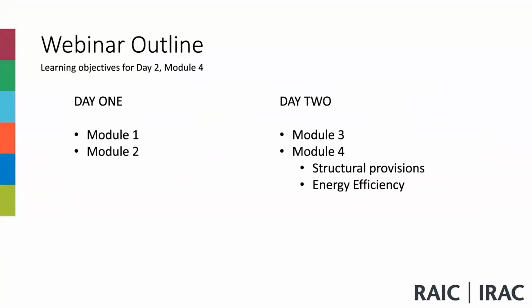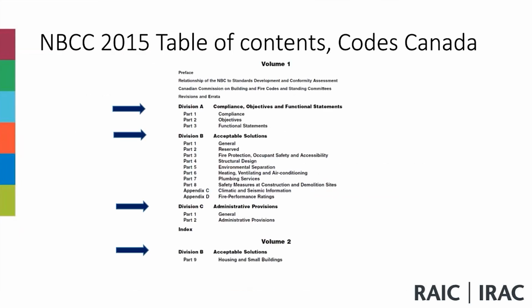So in Module 4, we're going to look at structural provisions and energy efficiency provisions of Part 9. As always, we refer back to Volume 1. When you're looking at Part 9, you're never using only Volume 2 of the building code.